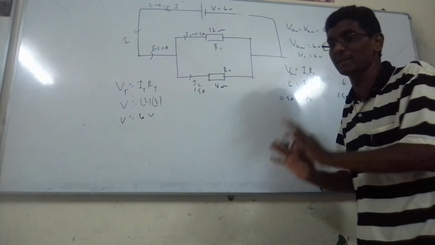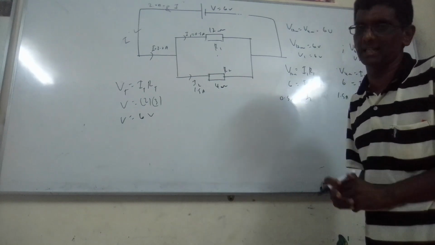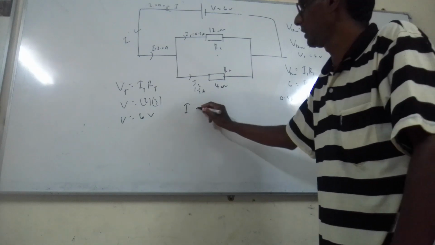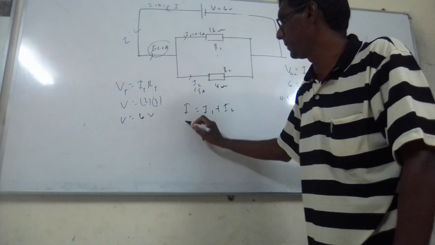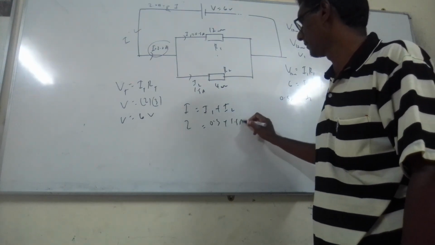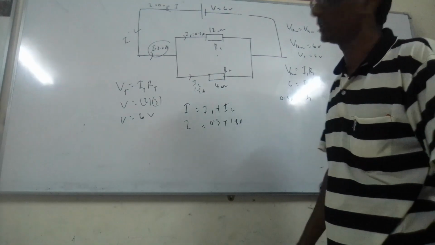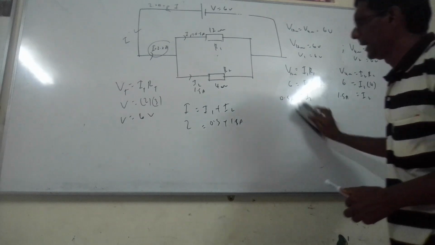There's a parallel method to prove the working is correct by taking the total current: the total current I equals I1 plus I2. So I is 2 ampere, I1 is 0.5, I2 is 1.5. 0.5 plus 1.5 is 2 ampere.